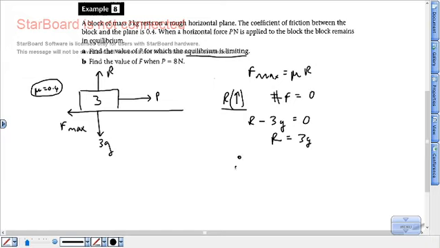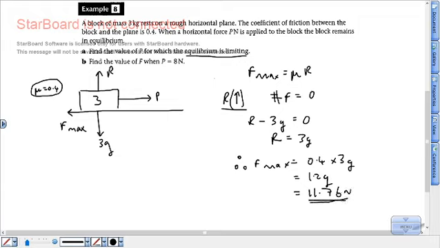And therefore from that you can find F max by simply doing mu, which is 0.4, times R, which is 3g. So that will give you 1.2g, or on a calculator, 1.2 times 9.8, and it gives you 11.76 newtons.